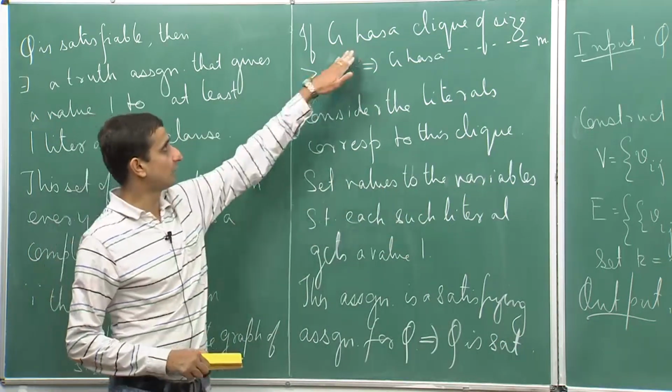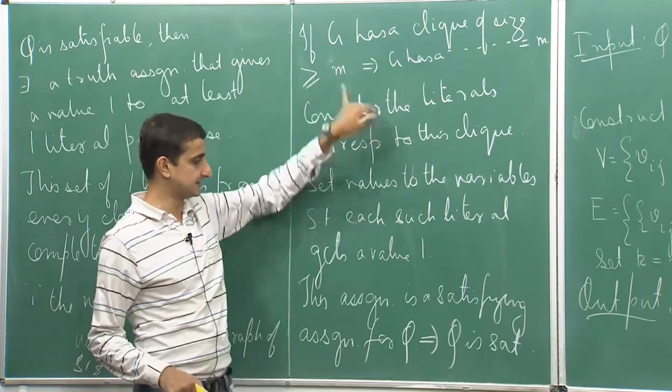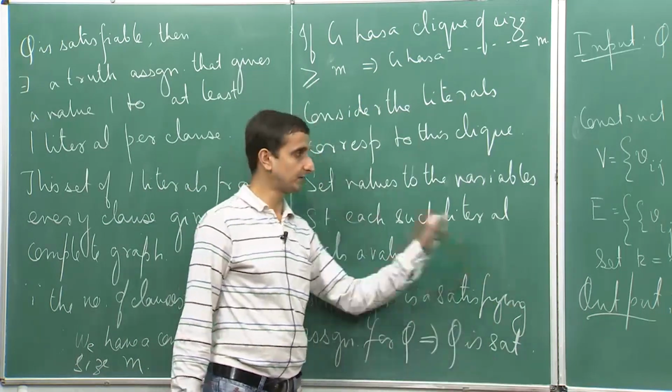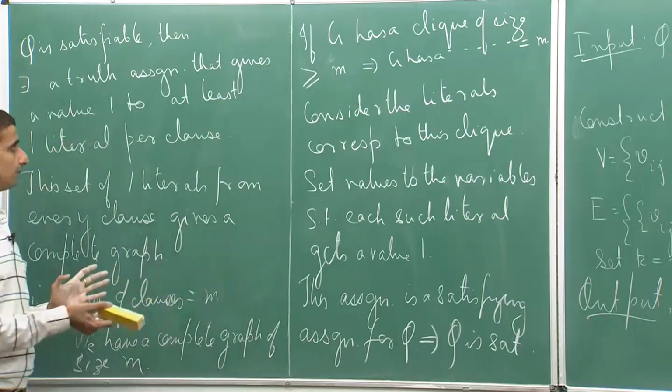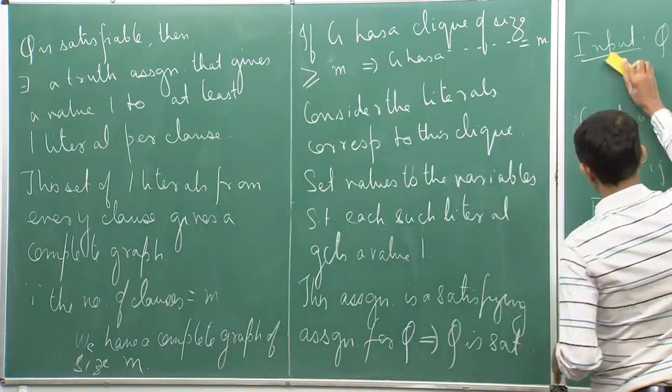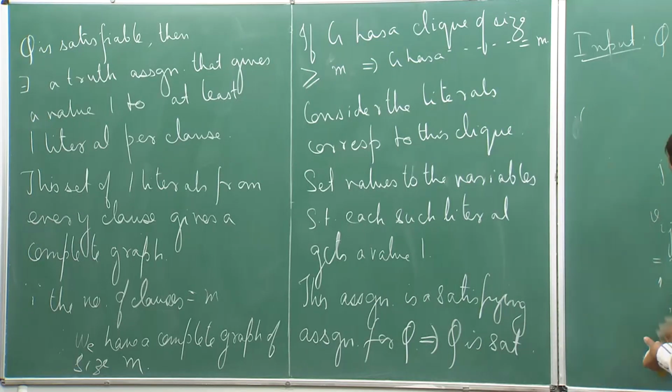So, if I start with a graph which has a clique of size at least m, then I am able to show that phi is satisfiable. So, this shows both directions. Therefore, we have proven that we can reduce 3 SAT to clique, which shows that clique is NP hard.